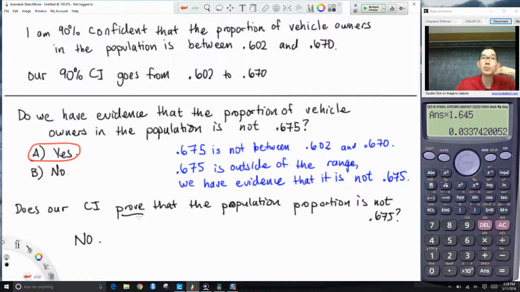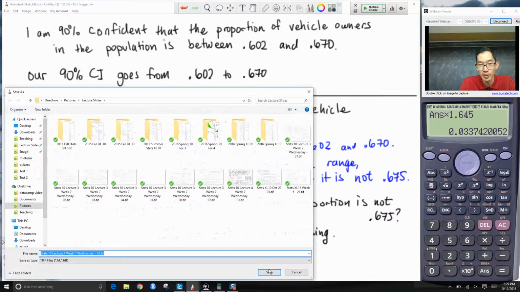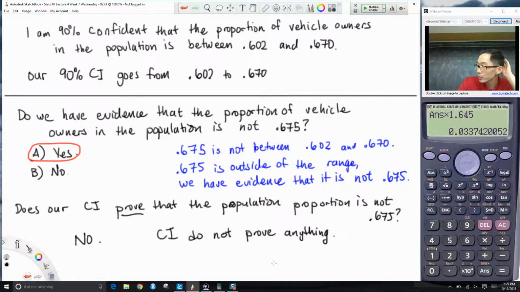No, our confidence interval doesn't prove anything. Confidence intervals don't prove anything. I apologize for having a different number there. So confidence intervals don't prove anything, and when we say we have evidence, we're only 90% confident in our answer. So when we say yes here, we are 90% confident.